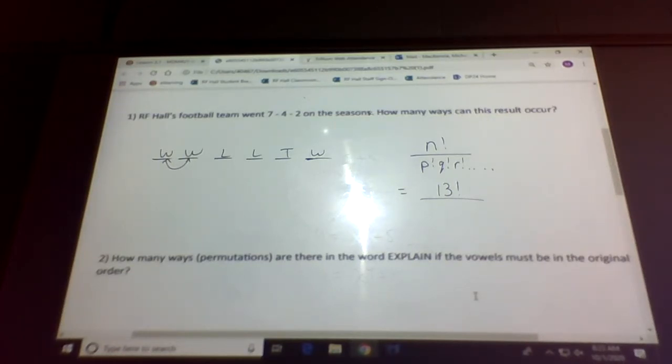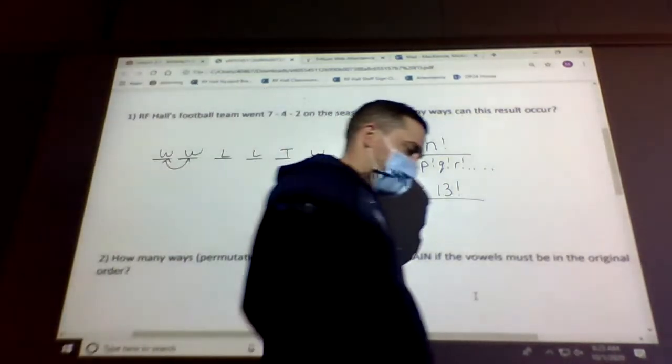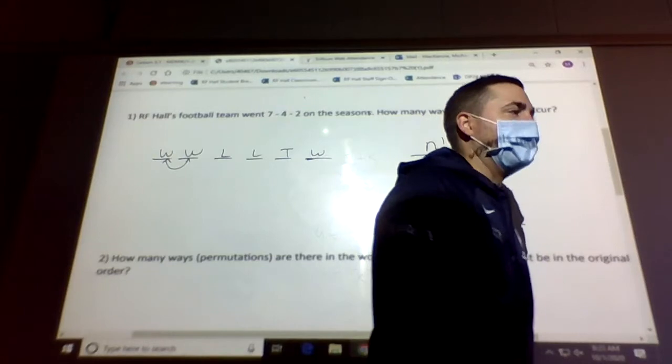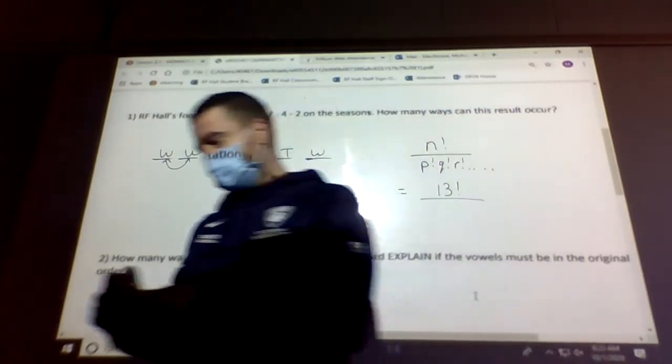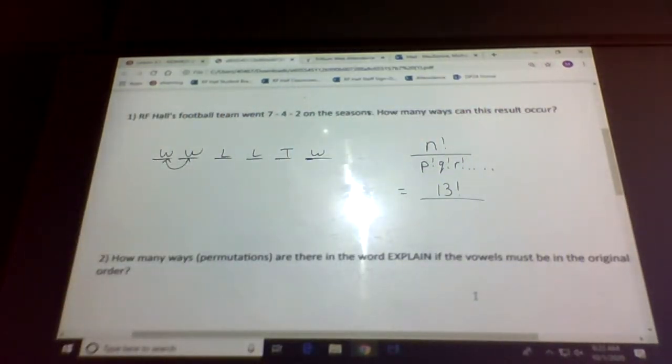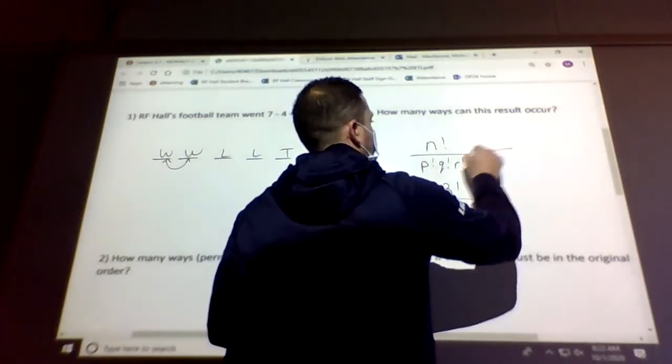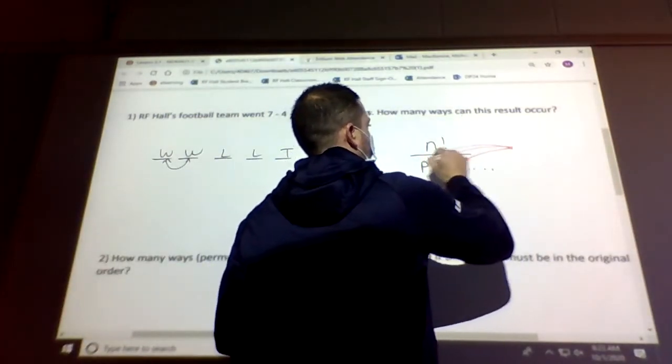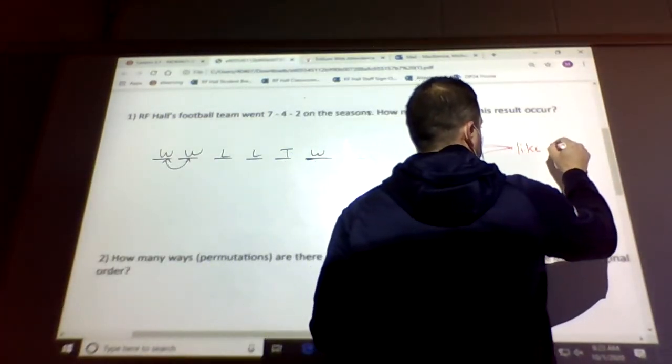So we have 13 factorial. In the denominator, we take away the overlaps. And the overlaps are called like elements. So these are called like elements.